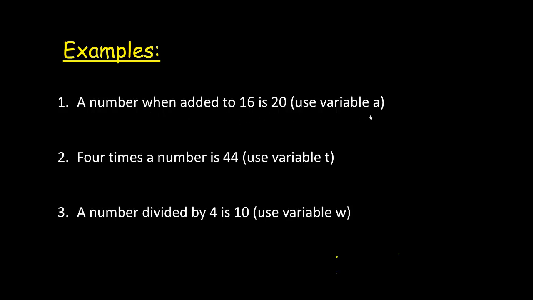Use variable A. Over here, we don't know the value of the number, so we're going to use the variable A for it. So A added to 16 is equal to 20. A plus 16 equals 20.